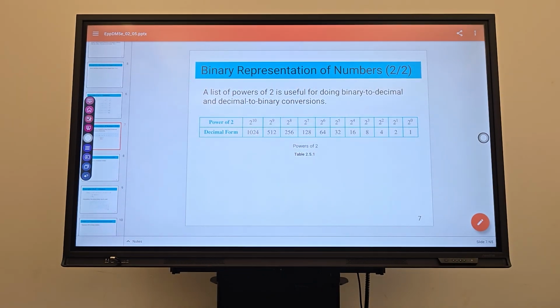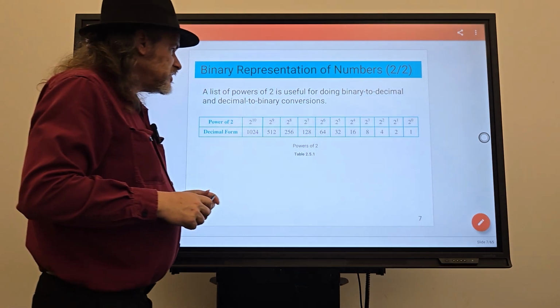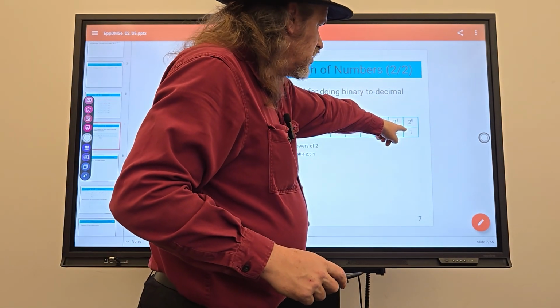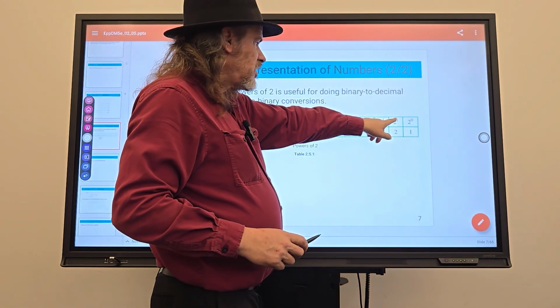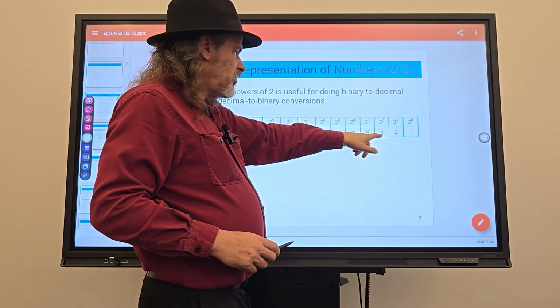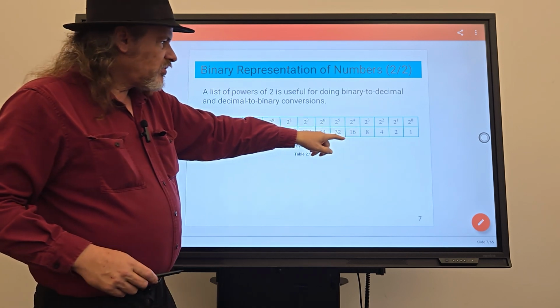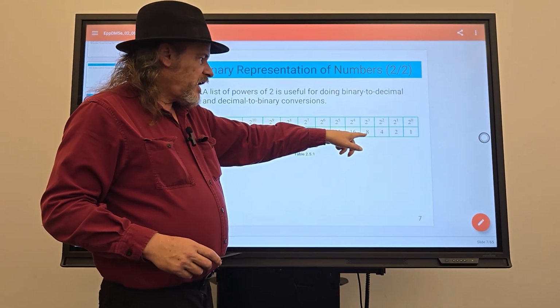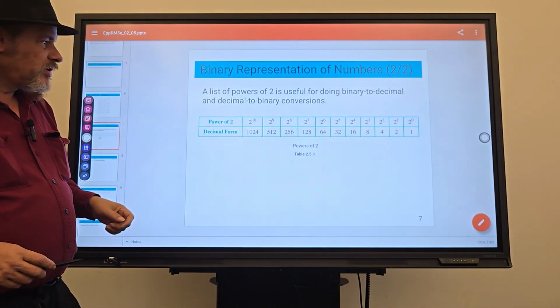If you have one line, you can have 2 combinations, 2 lines, 4 combinations, 3 lines, 8 combinations, so on and so forth.